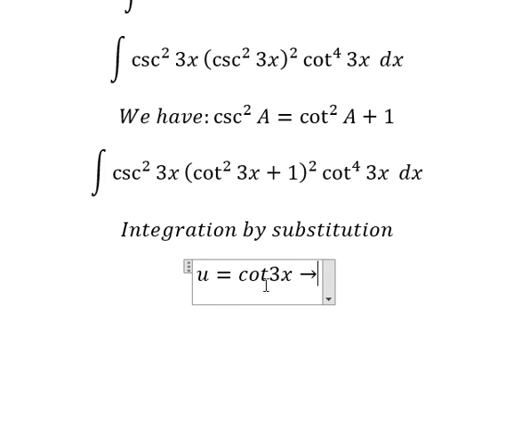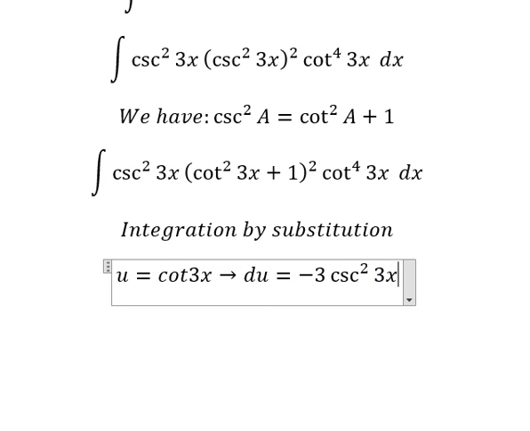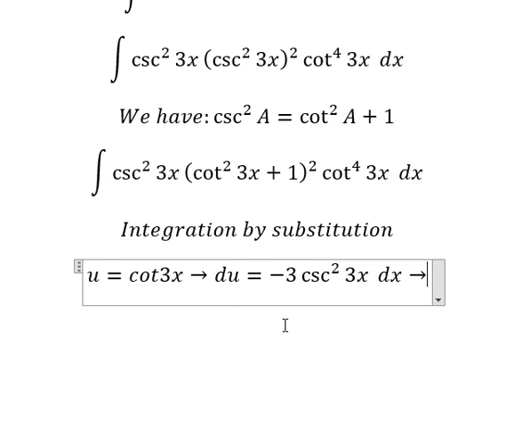Later that we need to do first the derivative for both sides, and we have like this. Because we don't have negative number 3, so we need to divide both sides by negative number 3.